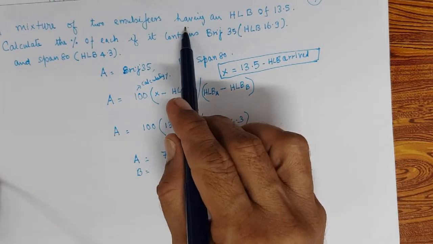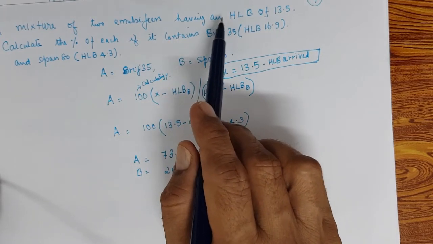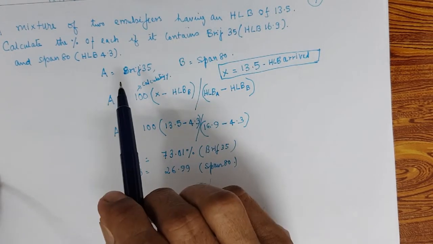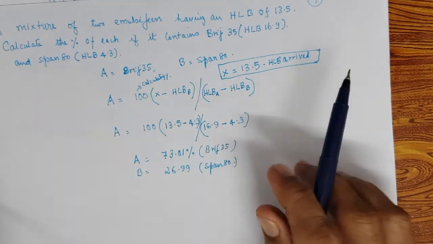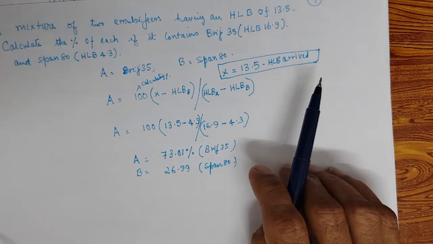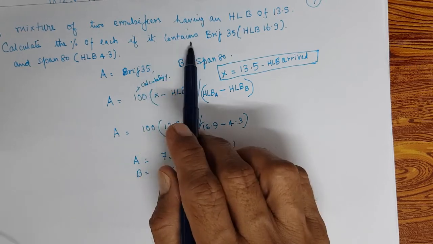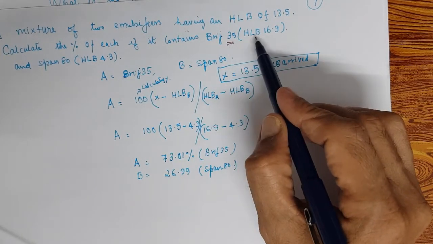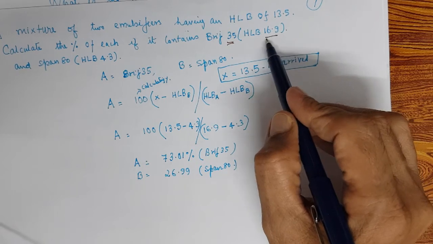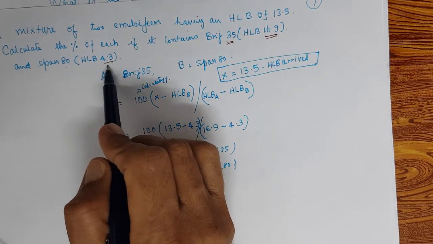A mixture of two emulsifiers having an HLB of 13.5. There is a blend of two emulsifiers and its HLB is 13.5. Calculate the percentage of each if it contains Brij 35, an emulsifier with HLB 16.9, and Span 80, which is HLB 4.3.